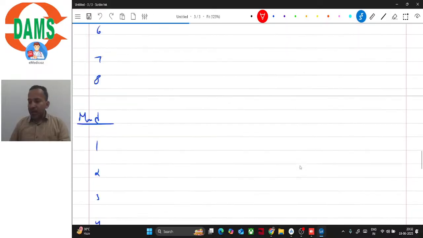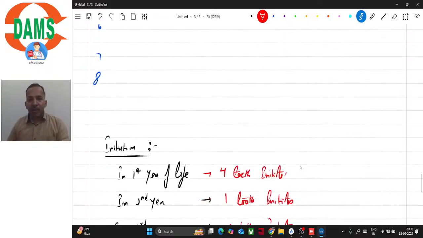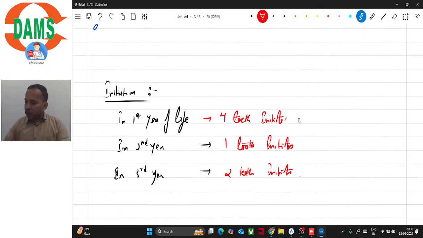So which teeth will initiate in the first year of life? All the anteriors and first molar. So all anteriors and first molars will initiate in the first year of life. So when you have written here that 4 teeth initiate, what will you additionally write? All anteriors and first molars, right?